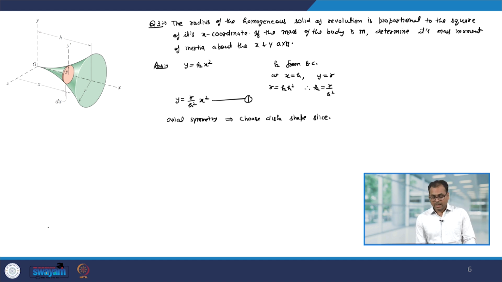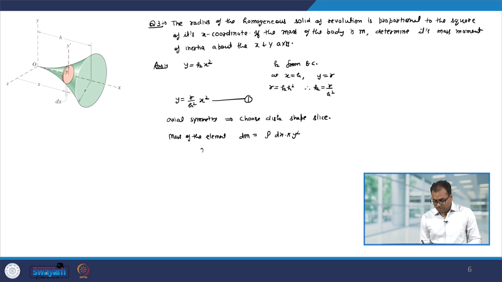Okay. And the mass of this element, let us call it dm, will be again the rho times the volume, and the volume will be dx times the area, which is pi y square. Okay.